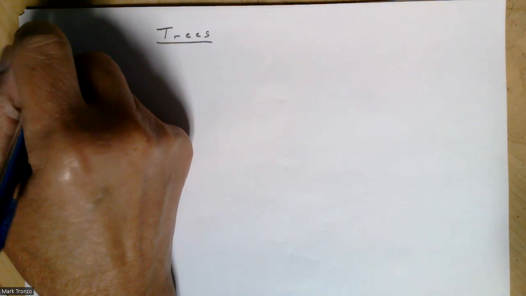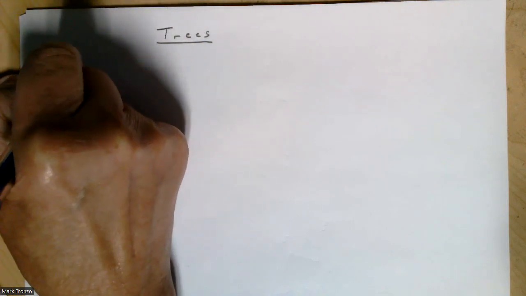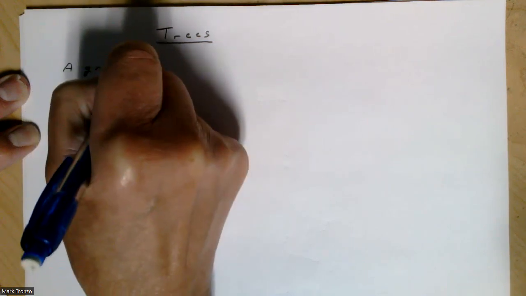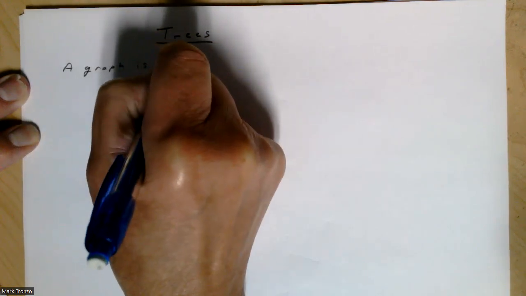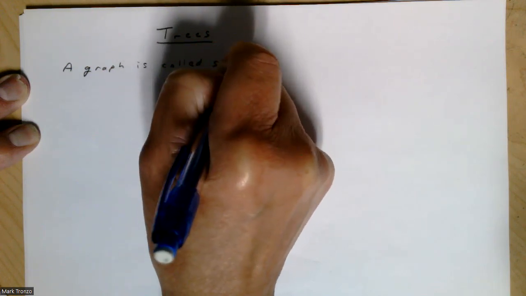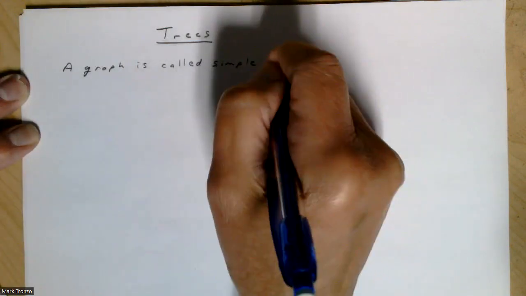In this video, we're going to talk about trees. And for that, we're going to need several definitions. So let me start. A graph is called simple if it has no loops or parallel edges.